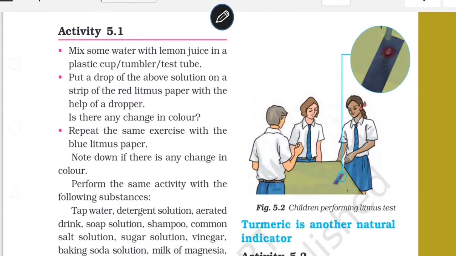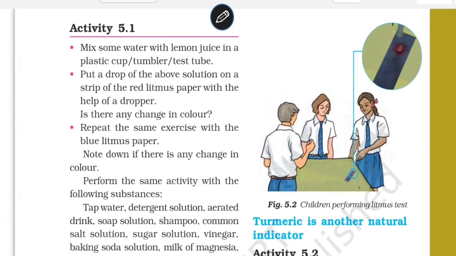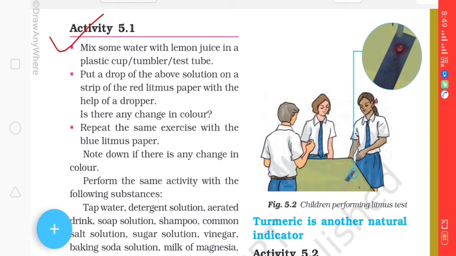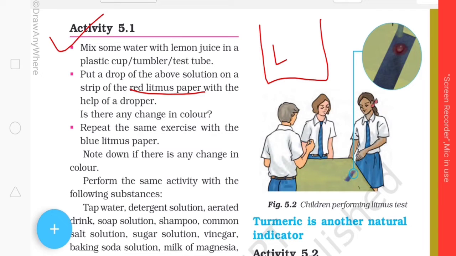We are given an activity here, activity 5.1. For this activity we need to take lemon juice, and first let's take red litmus paper.